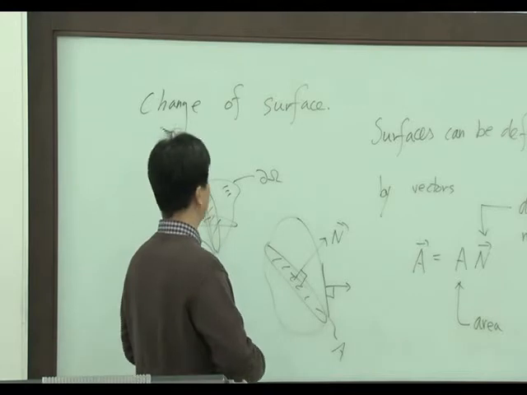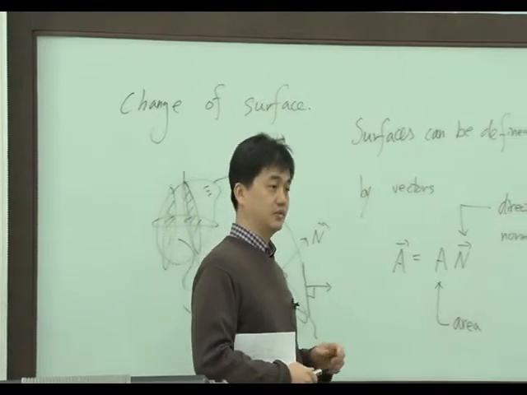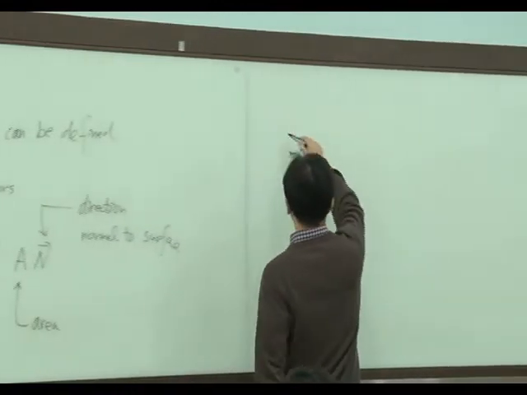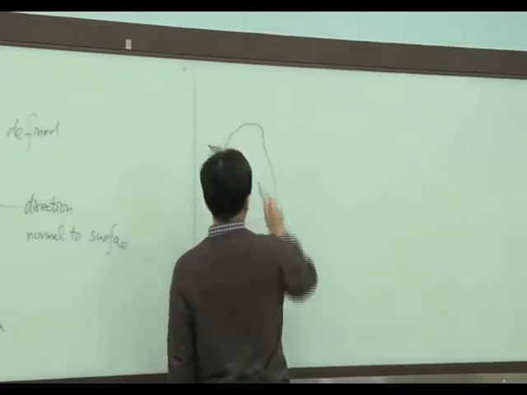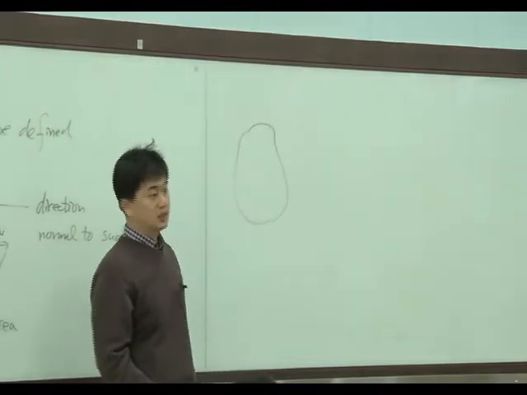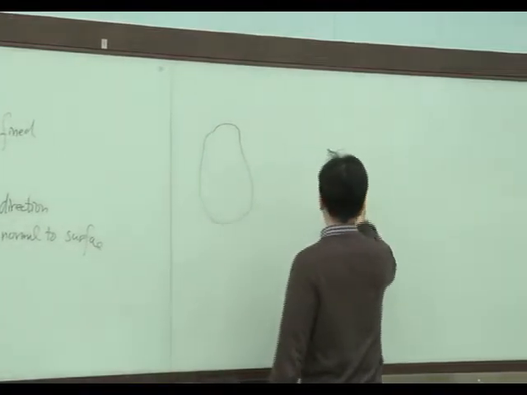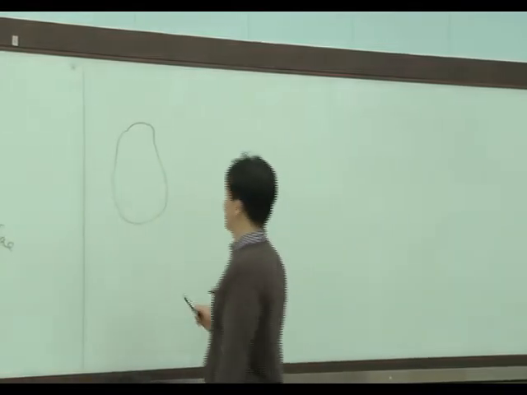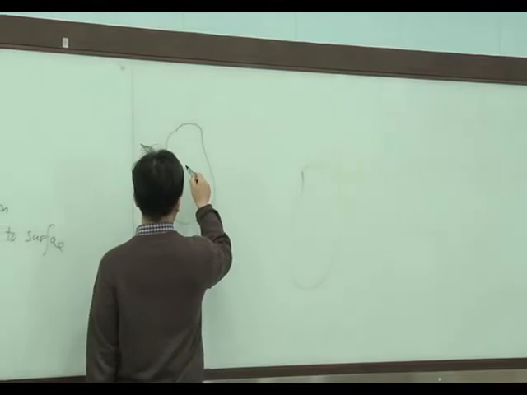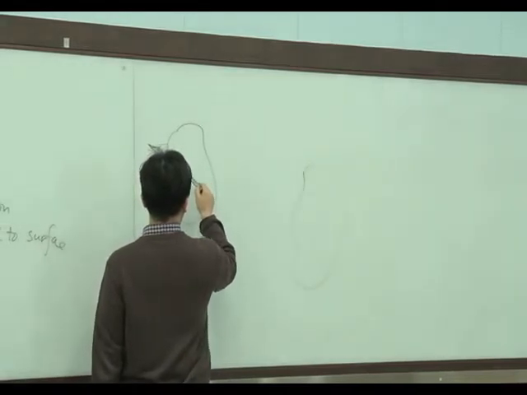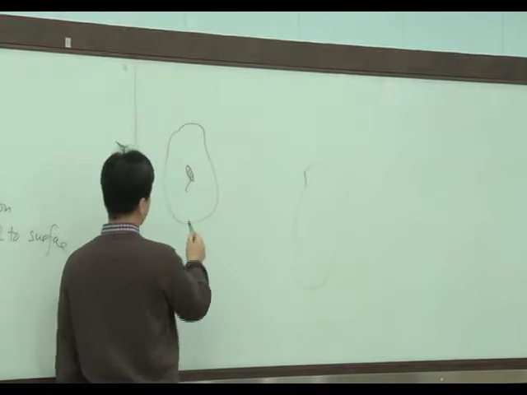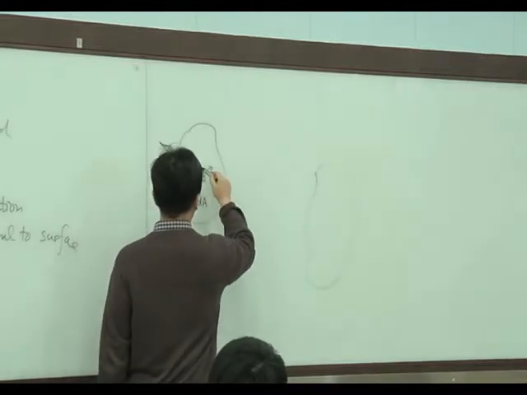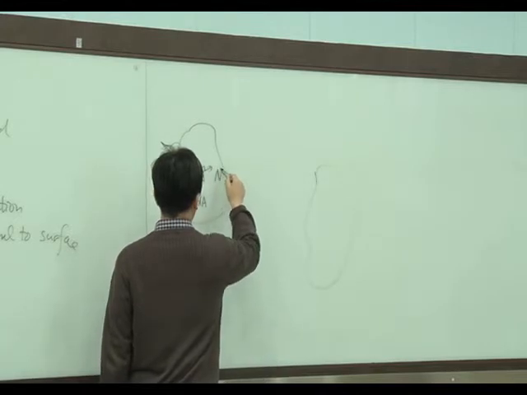Yeah. Now let me think of a change of surface. So we have an initial body and we have a deformed body here. Let's define a very small surface here, which has an area dA and its normal direction n.